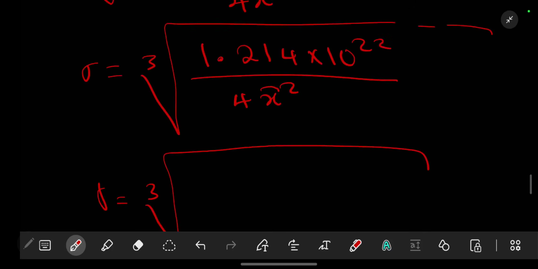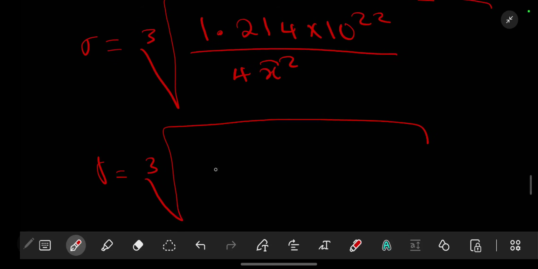When we divide our top part, make sure that it's in brackets: open brackets, 1.214 times 10 to the power of 22, divided by 4, open brackets, 4 pi squared. This gives us a value that will be equivalent to 3.075 times 10 to the power of 20.